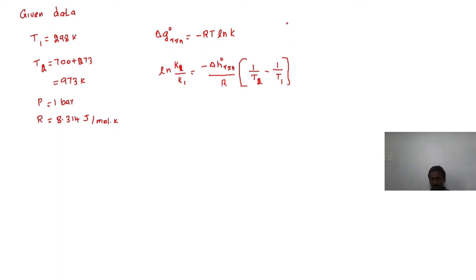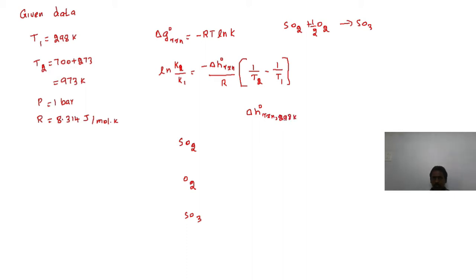And let me write the reaction stoichiometry here. SO2 reacts with O2 to give SO3. In order to balance this stoichiometry, let me put 1 by 2 here. So if I want to find K, I must know delta G naught of reaction. Let me tabulate the data here: SO2, O2, SO3, del H naught of reaction at 298 Kelvin.